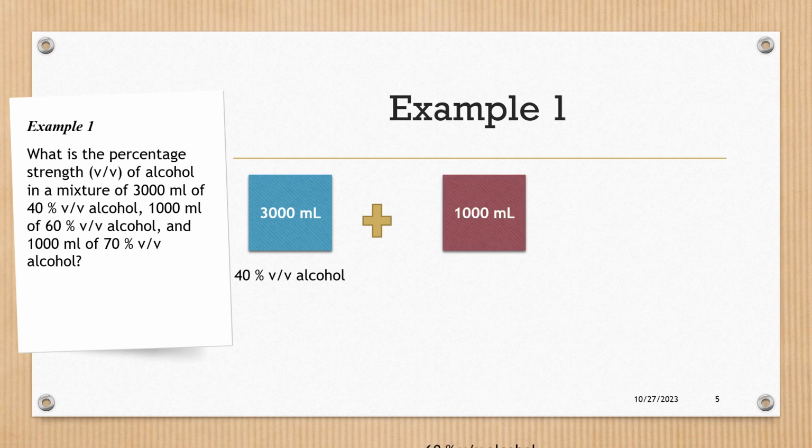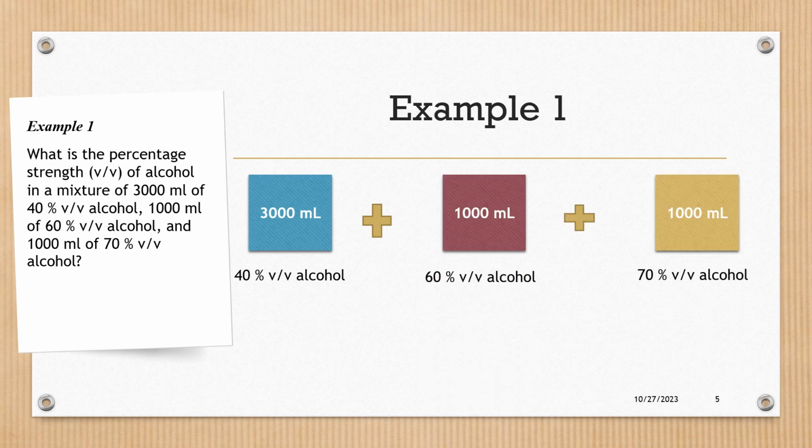So you can just look at what is happening here in terms of trying to put a visual image to what was mixed. So 40% alcohol and the volume 3000 ml, 1000 ml and the concentration 60%, and another 1000 ml and the concentration 70%.